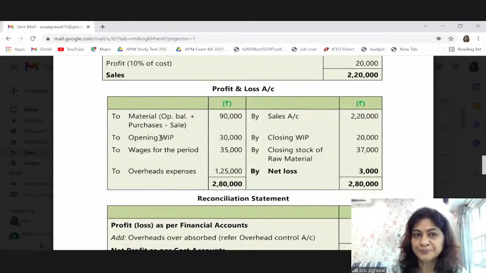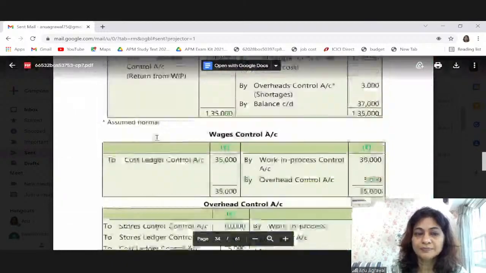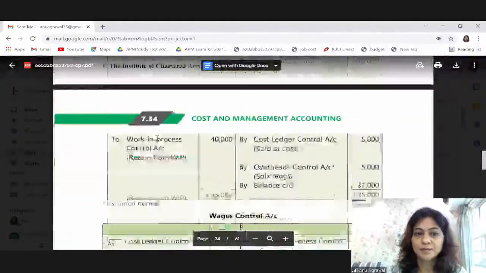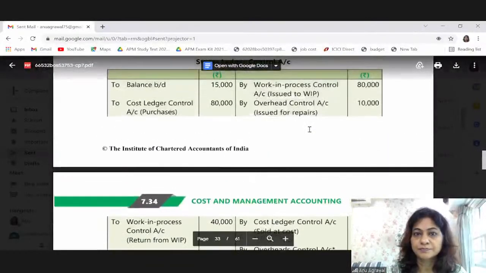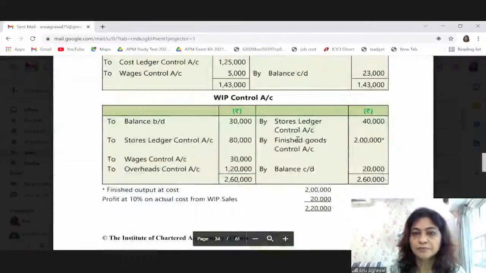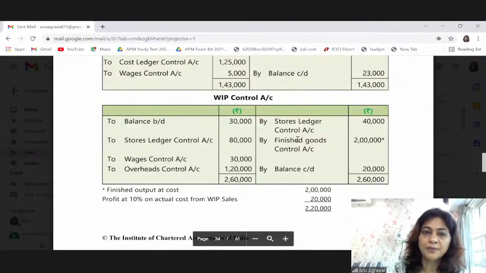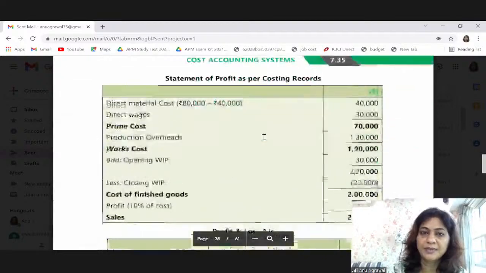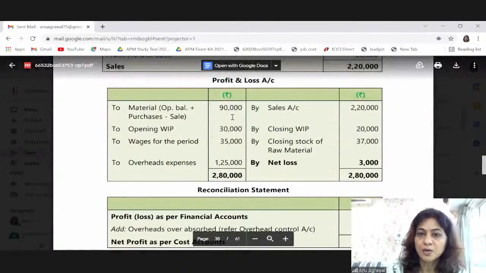Can anybody tell me from where did this figure of 90,000 come here? Opening WIP, closing WIP figures are clear.